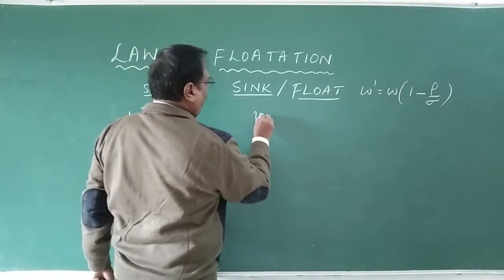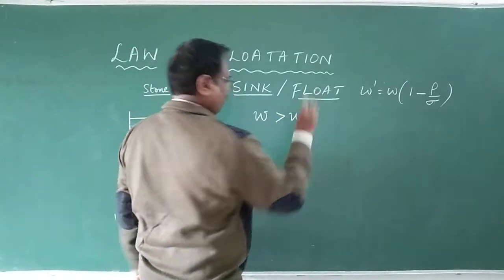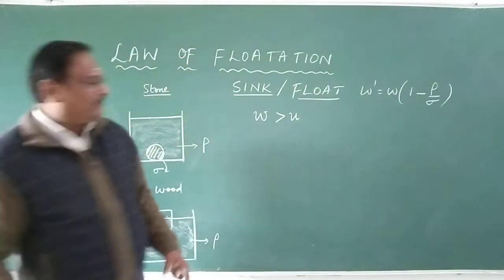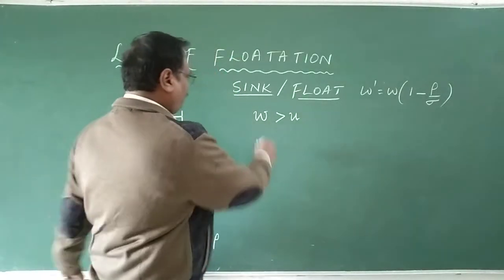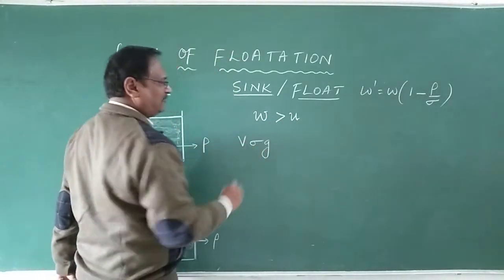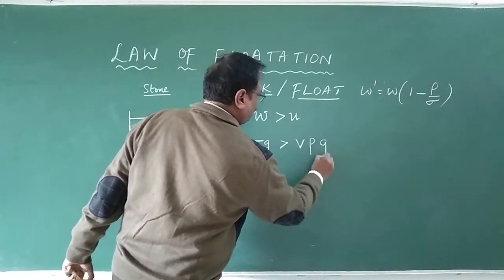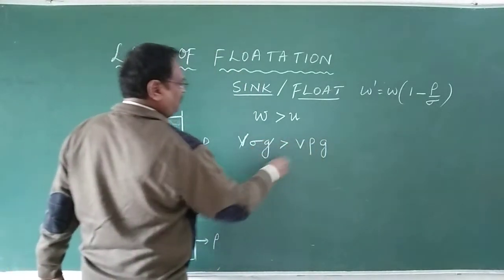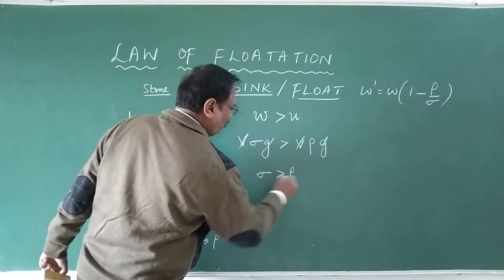See, weight of the body is greater than upthrust. Just a minute. What is the formula for weight? V sigma g is greater than V rho g. That is, Vg goes, sigma is greater than rho.